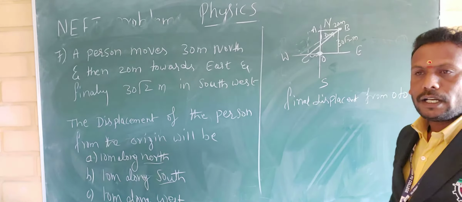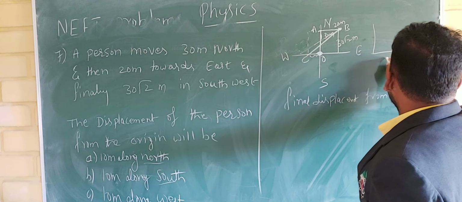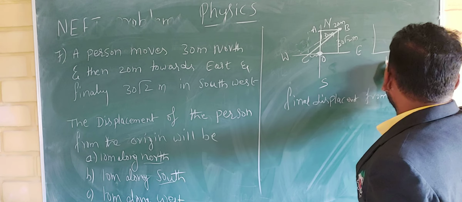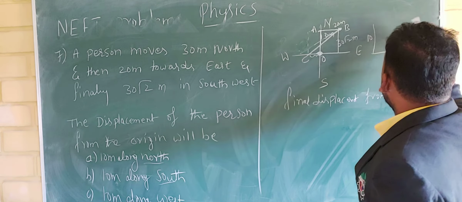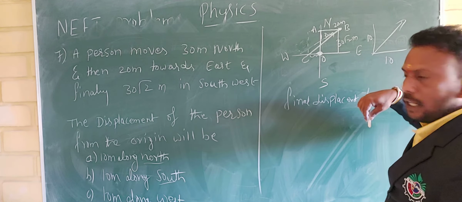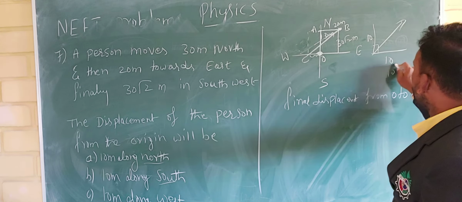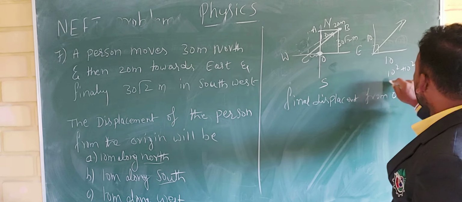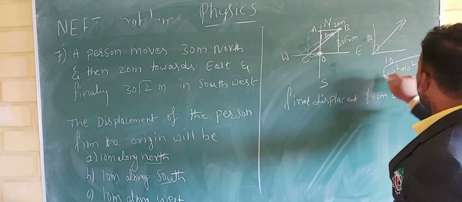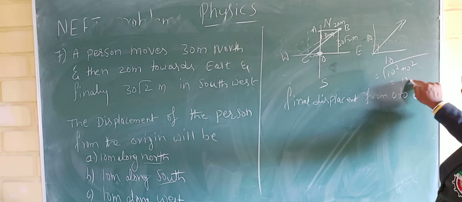It is the resultant. We know that this is 10 and this is also 10. What is the resultant? Square root of 10 square plus 10 square gives 10 root 2.